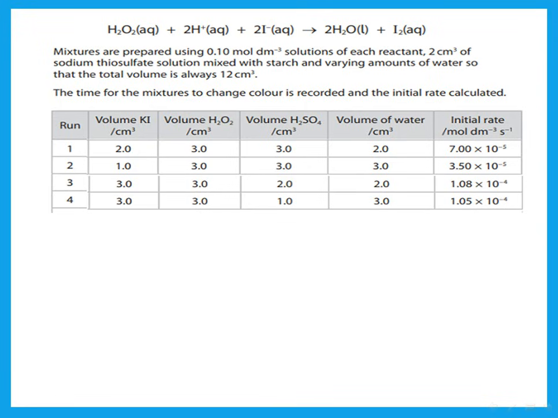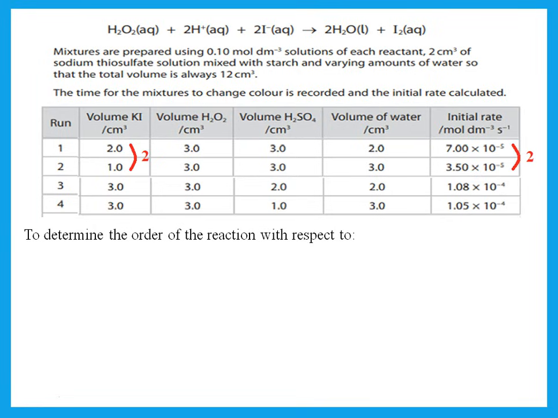So let's take a look at this question. This is one of the questions that you will have, and he's saying he wants to determine the order of the reaction with respect to each of these. So let's take a look at iodide. If we're looking at the order of the reaction with respect to iodide, I choose two of the experiments or the runs in which the iodide is changing, but everything else is not.